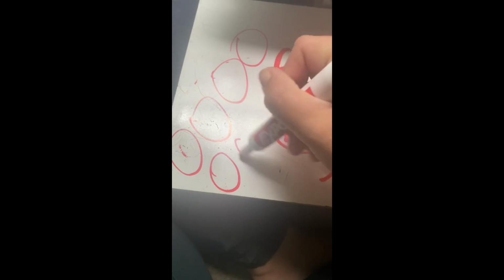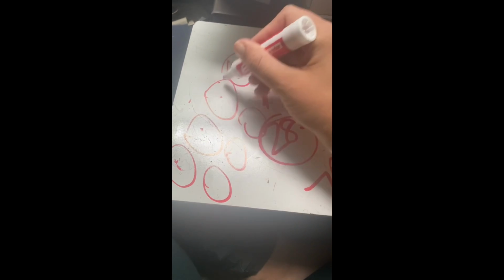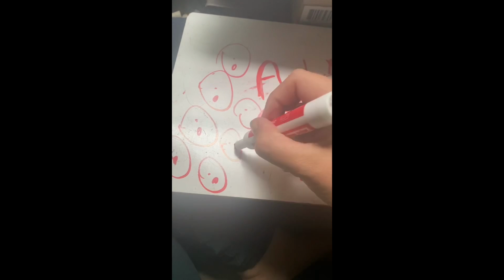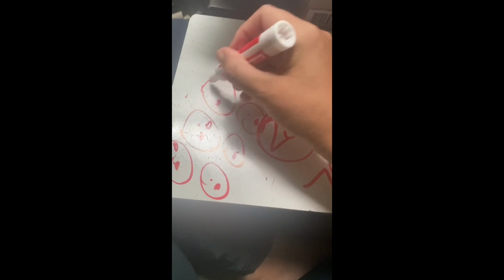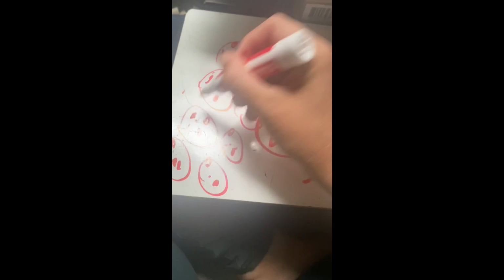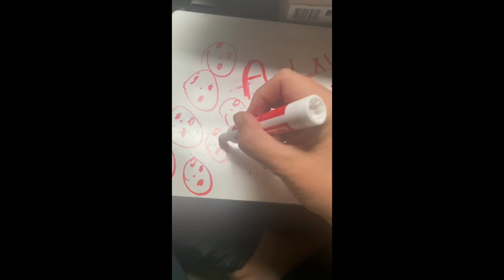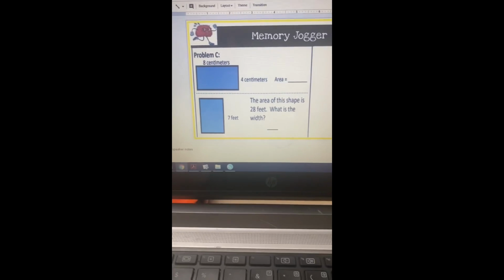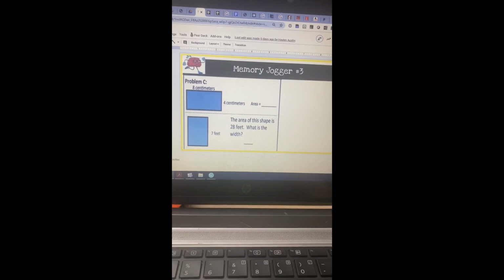I'm going to do 28 divided by 7. 28 divided into 7 groups. 1, 2, 3, 4, 5, 6, 7, 8, 9, 10, up to 28. So how many are in each group? 1, 2, 3, 4. 7 times 4 equals 28. So the width is 4. All right.